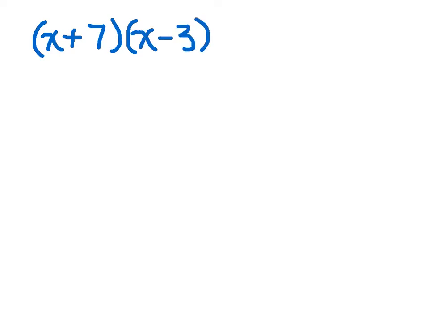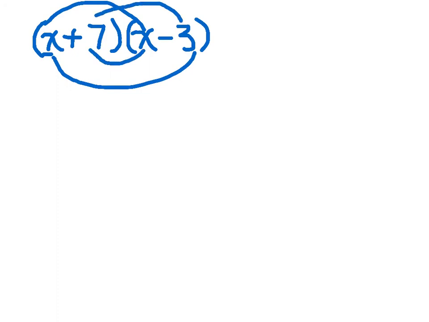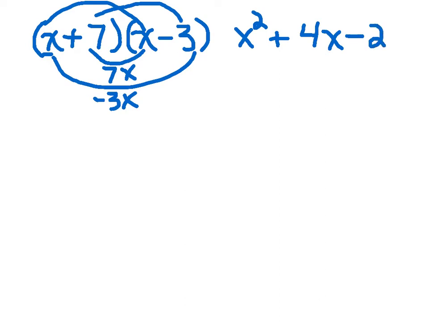I can see that first is x times x, outer is x times negative 3, inner is 7x, and last is negative 21. So first is x squared. Outer is negative 3x. Inner is 7x. When I combine them, I have 4x. And then last gives me negative 21.